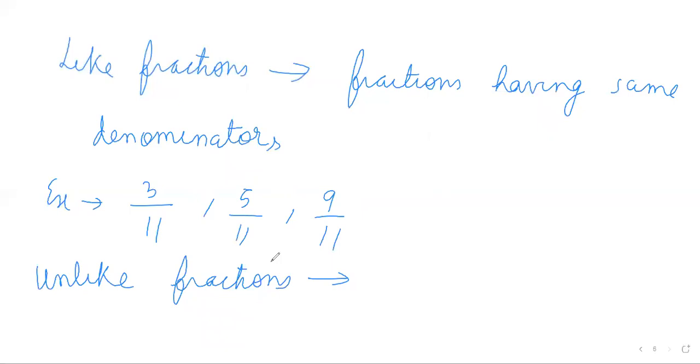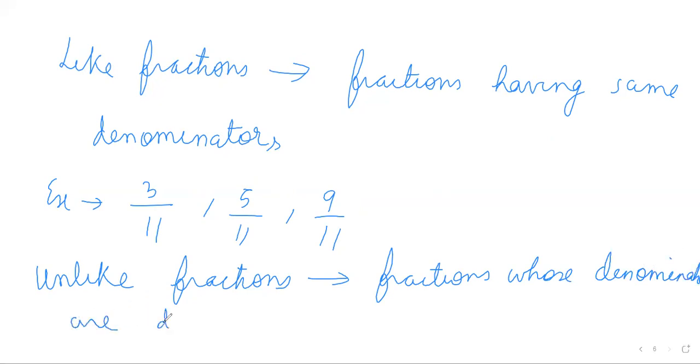Fractions whose denominators are different are called unlike fractions, like 3 by 5, 7 by 11, 9 by 4. You can say the denominators are different.